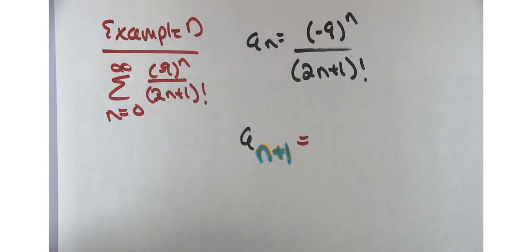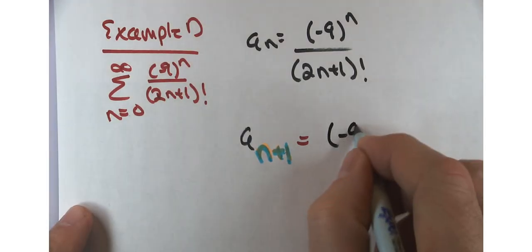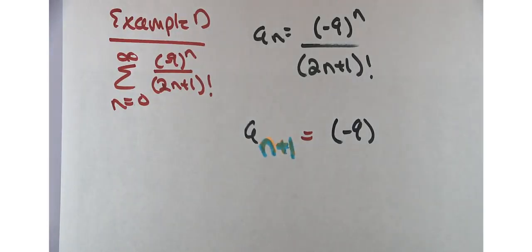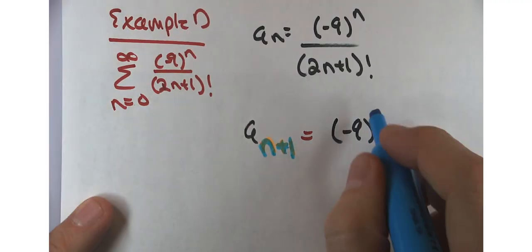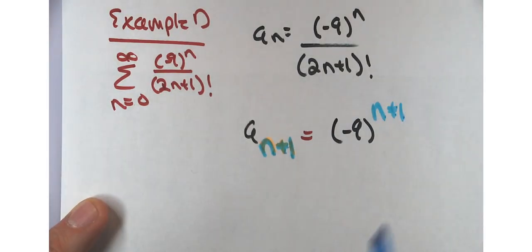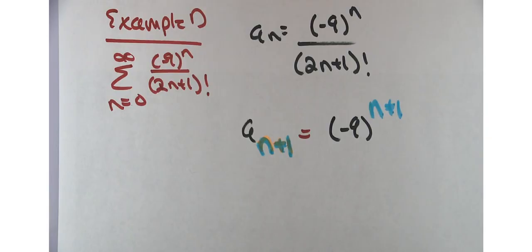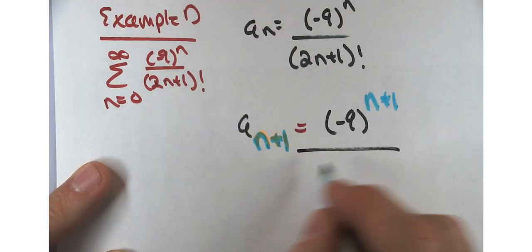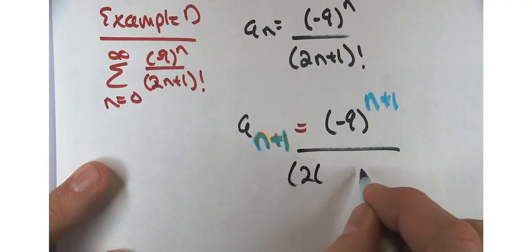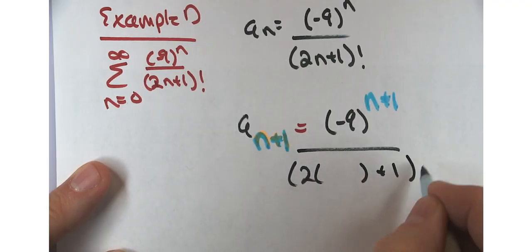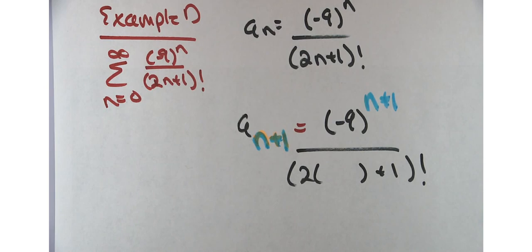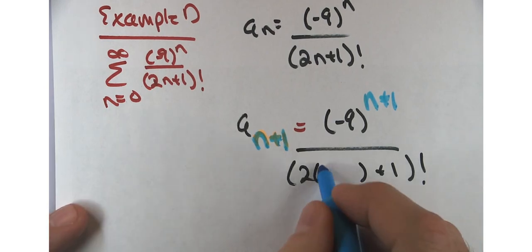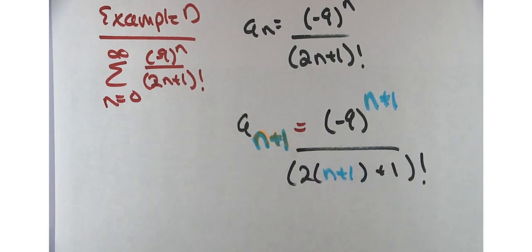So for instance, I'll have negative 9, except I'll have it to the n plus first power. And then instead of 2n plus 1 factorial, I'm going to play with that a little bit. I'll have 2n plus 1 again, factorial.